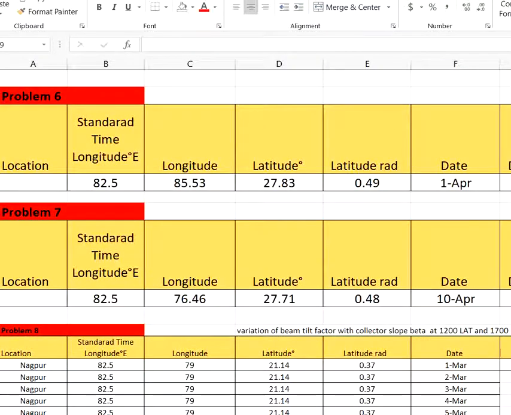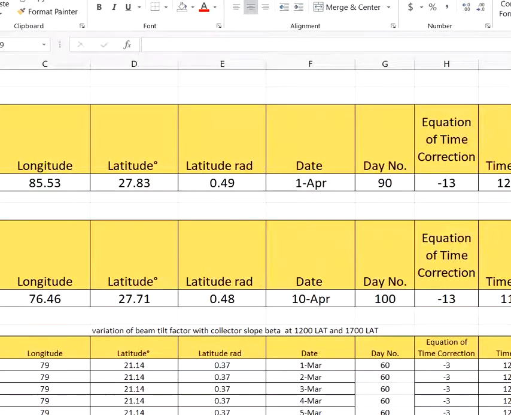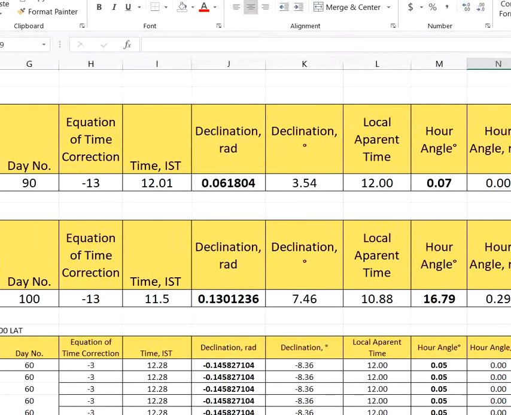So we are solving this problem. 10th of April is day number 100. Declination is this, and then IST is 11:30.